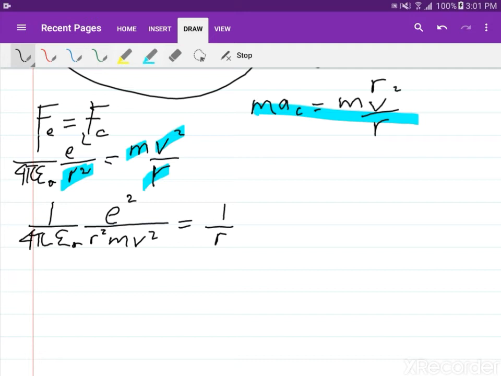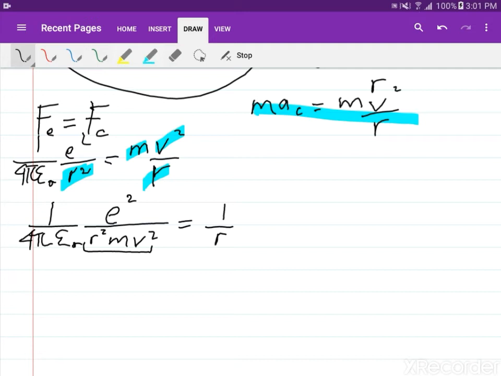Now I want this term to be r squared m squared v squared, so I multiply by 1, m over m.